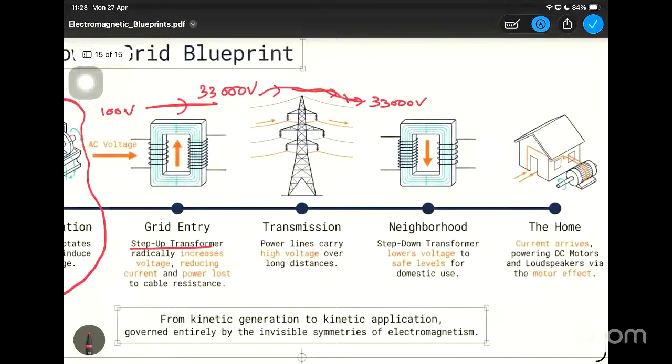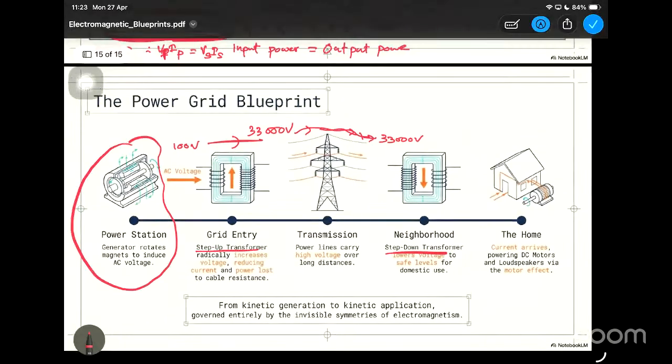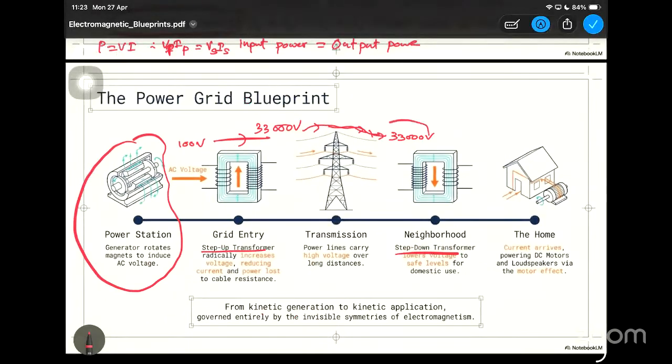There we are using a step down transformer. The reason is that we cannot use this 33,000 volts in our household equipment. So we need to downgrade it, or decrease the value. Therefore here we are using a step down transformer, and here we are using 230 volts in our normal home appliances. So that is the main process, right?